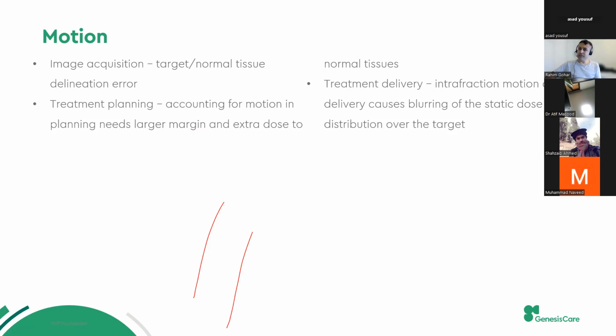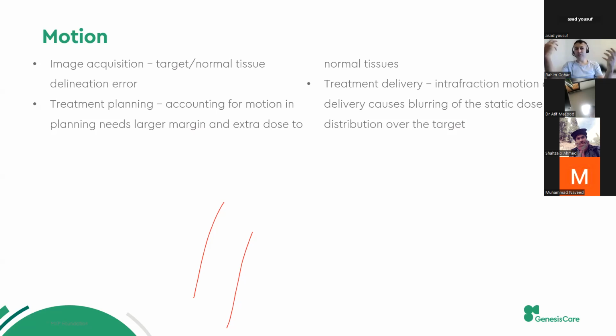That's one of the reasons the concept of dynamic conformal arc therapy is in both Eclipse and Monaco, especially for SABR lung. People don't like to modulate the plans for lung cases because it's a moving organ, and if you modulate, the motion interplay effect is going to play.